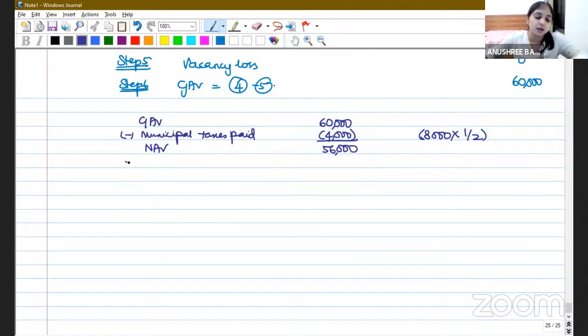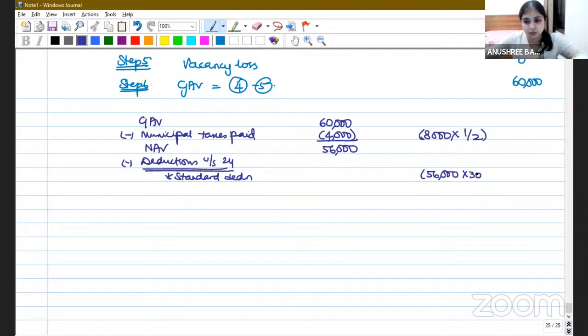So what is the net annual value? 56,000. From this, we will subtract deductions under section 24. We have two deductions. Number 1, we will have a standard deduction. Show the calculation. 56,000 into 30%, which will be how much? 16,800.